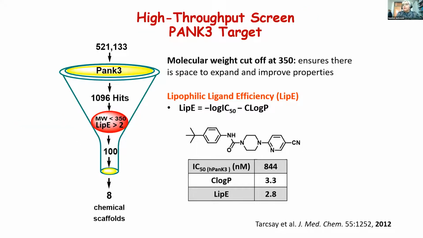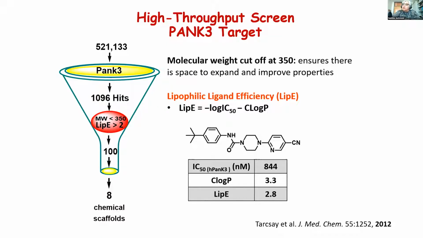Now, pantazine development started with a high-throughput screen many years ago at St. Jude using our in-house chemical library. Purified PANK3 protein was used as the protein target, and we measured PANK3 activity in the presence of each of more than 500,000 compounds.